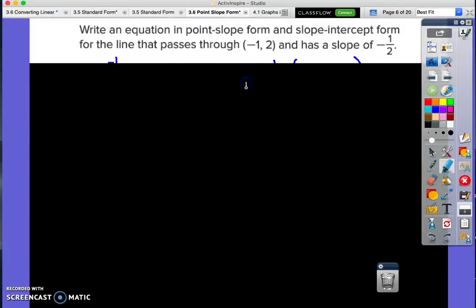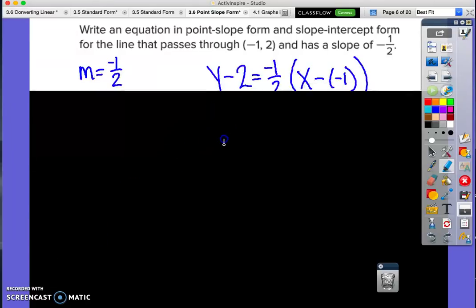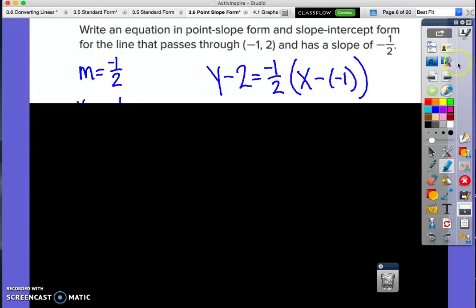Alright, write an equation in point slope form and slope intercept form for the line that passes through -1, 2 and has a slope of -1. So my first thing I'm going to do is I'm going to put my slope into my equation.